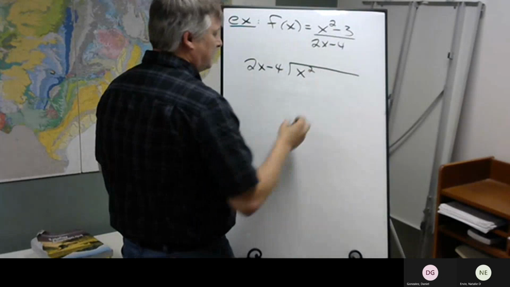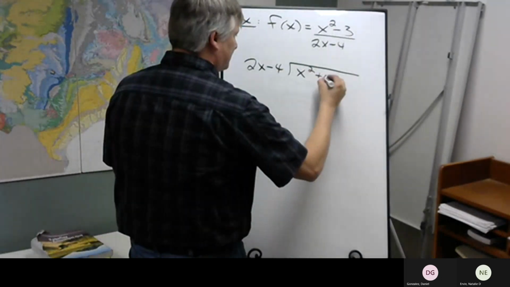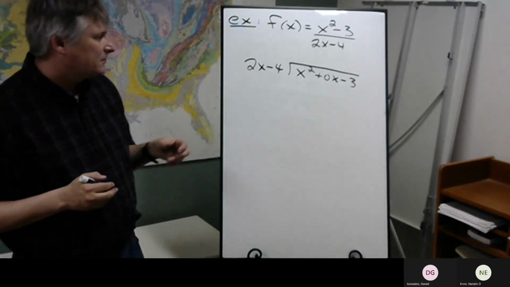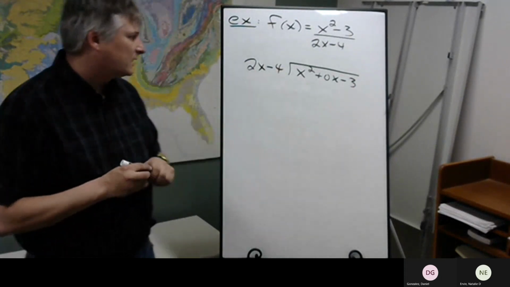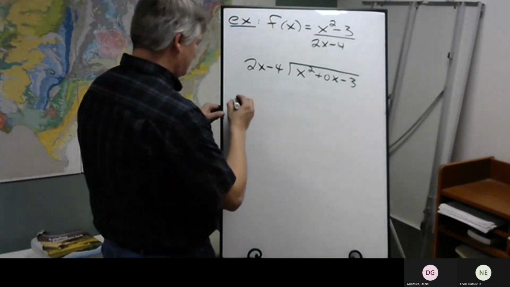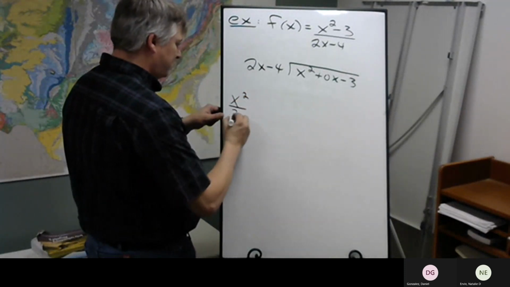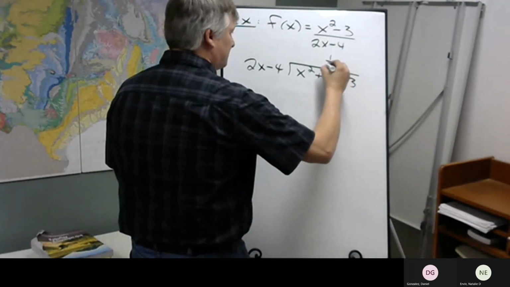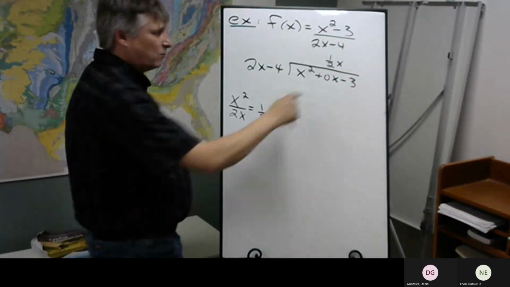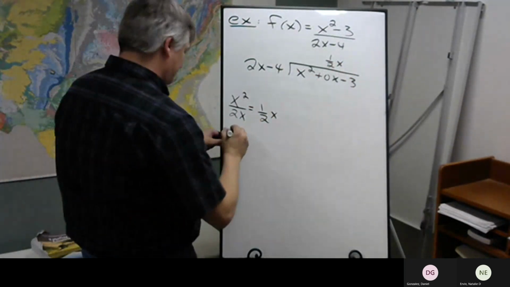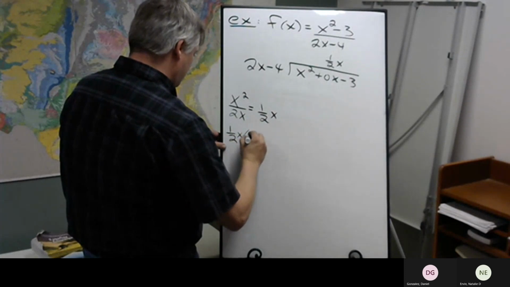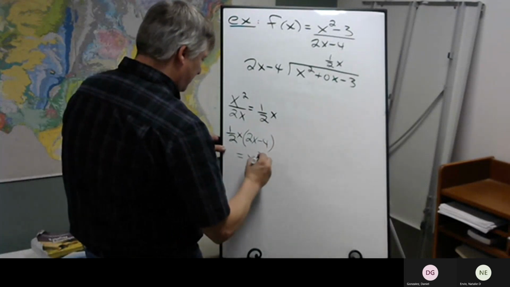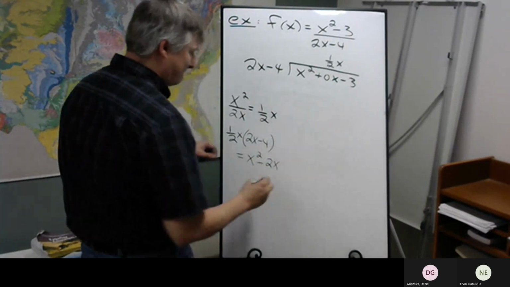x squared. And we need an x term, so we're going to put in a plus 0x minus 3. So the first thing we're going to do, first term divides into the first term. It'll go in half x times. So x squared divided by 2x is 1/2 x. Then we take 1/2 x times this whole thing, and we'll get x squared minus 2x.